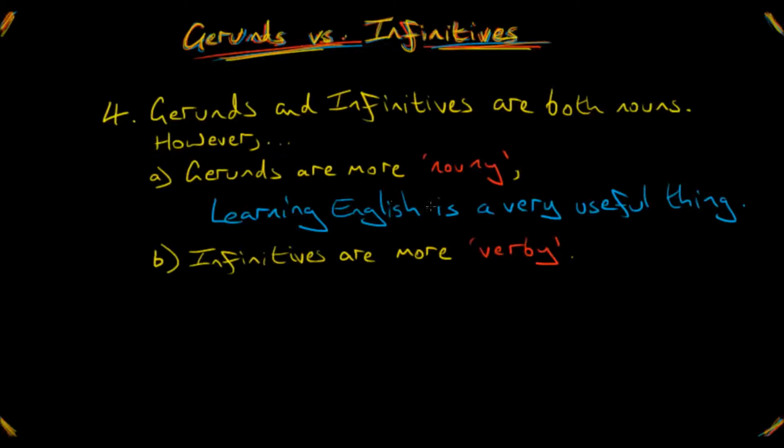So when we're looking for a more nouny version of the two, we're going to be going for a gerund here. Honestly, you could say to learn English is a very useful thing. There'd be grammatically no problem at all with that. But a native speaker is more likely to use a gerund for a subject because they're just more nouny.